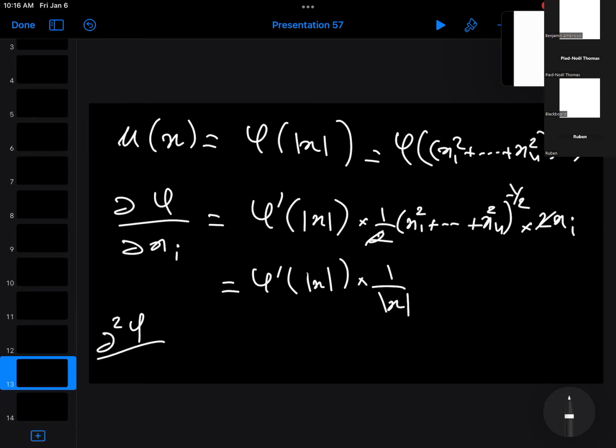Okay, so let's do it again. If I want to take the second derivative, what do I get? It's a product of derivatives. So I'll get phi second of the norm of x times, again, this term.